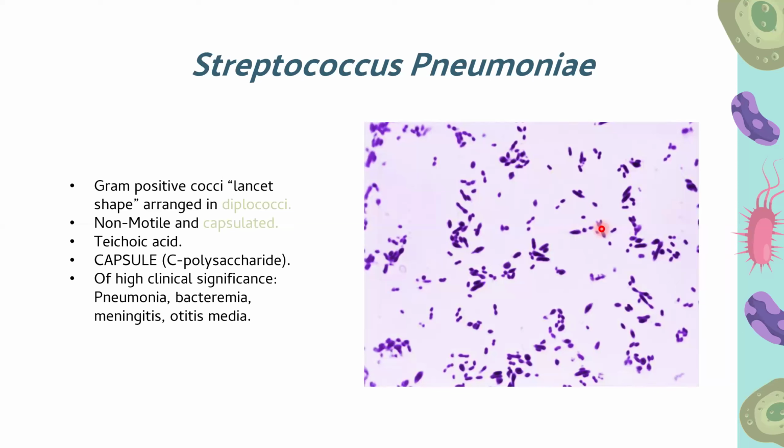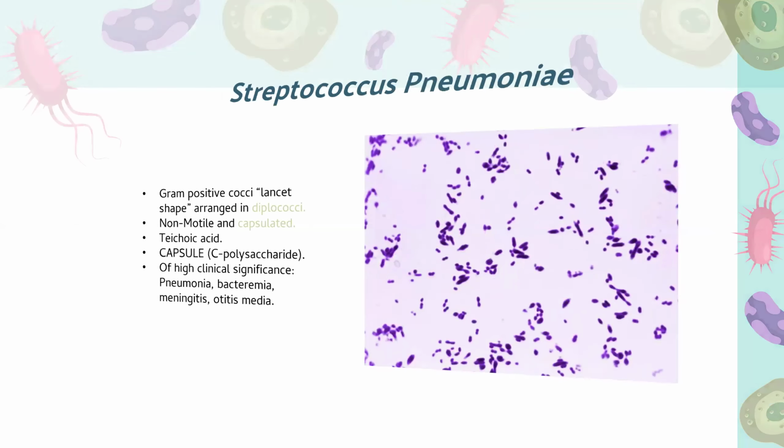So think of the brain, the lower lobes of the lung, the ear, and that is exactly what it causes: pneumonia, bacteremia, which is an infection in the blood, meningitis, inflammation of the meninges, and otitis media, which is an infection of the middle ear. Can you imagine how far it has to go to get to the middle ear? Strep pneumo is able to reach all of those areas because of its capsule.